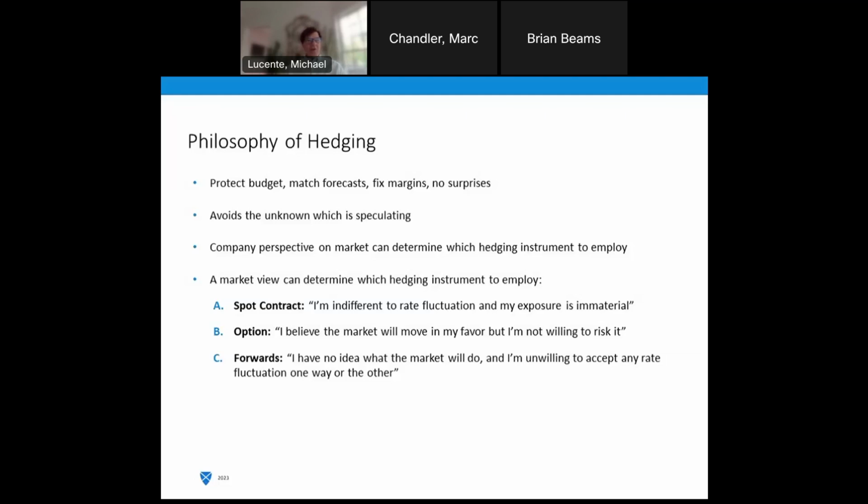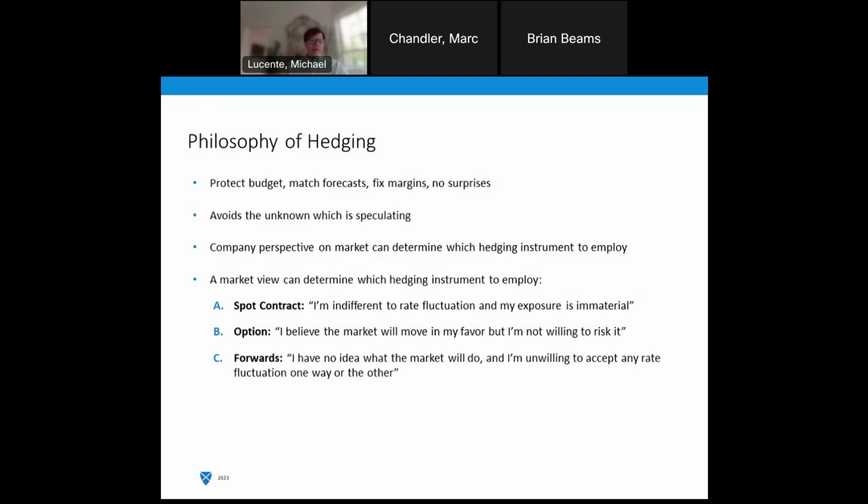If you're executing the same amount every single month, you're effectively dollar cost averaging throughout the year. You're going to get the average rate throughout the year. But most companies don't have that steady flow of payments. They have maybe 2 million now, 5 million when they pay for the equipment when it's complete in 6 months. So it makes sense to take a look at the possibility of locking in an exchange rate today for a future date.